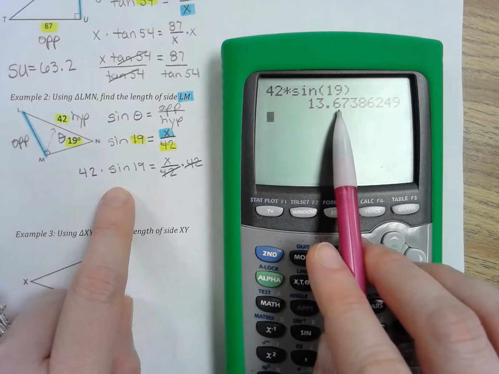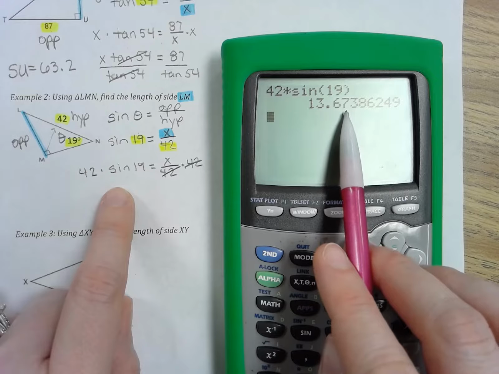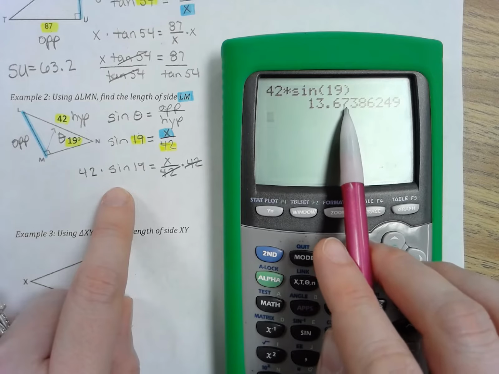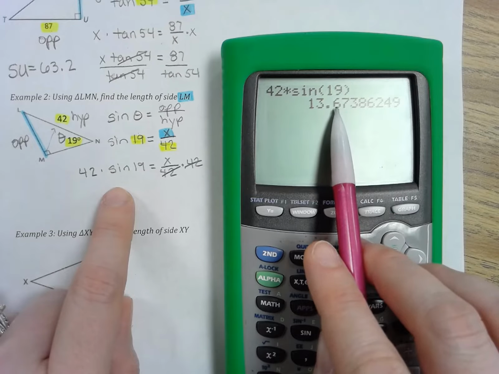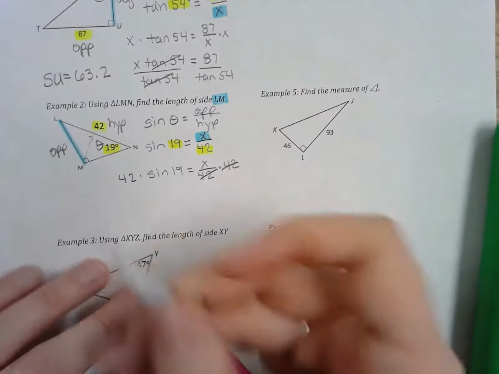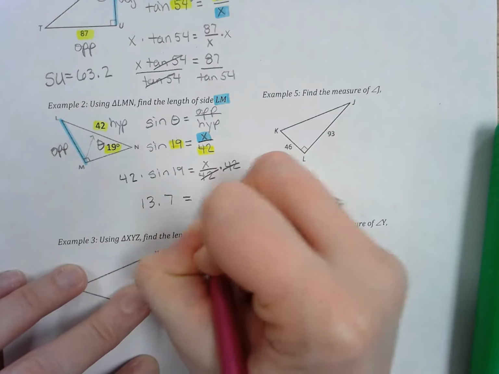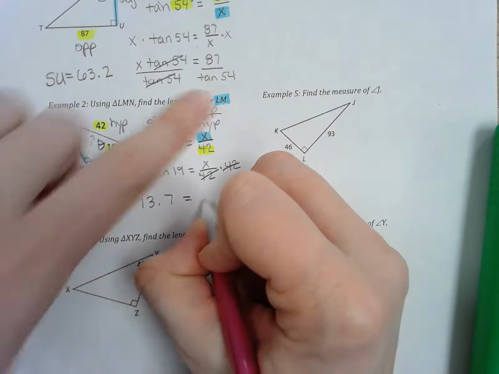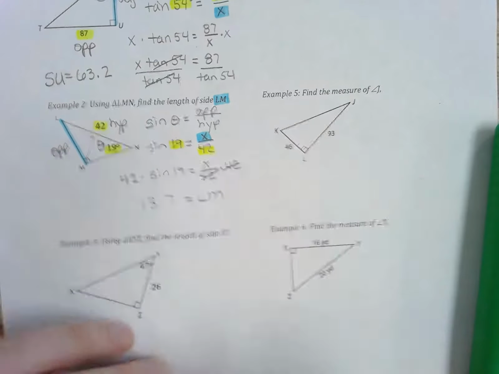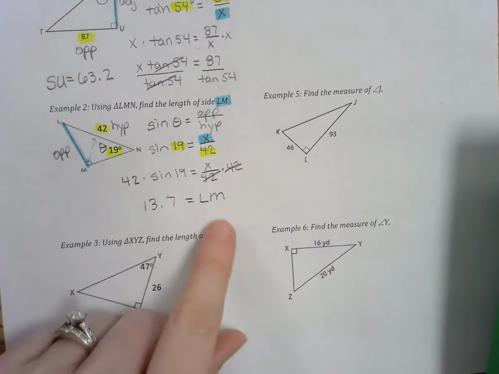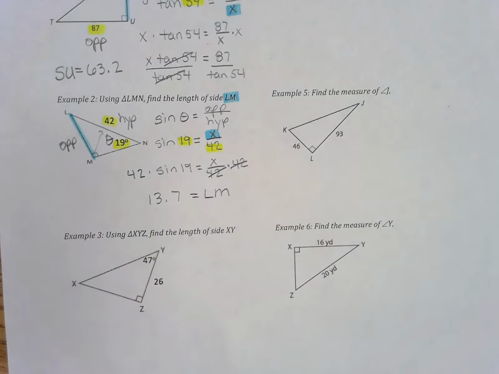If this is the tenths place, look behind that. This number is 5 or more, so to make that tenths place round up. So 13.7 for our x, or really here we were asked to find LM. Either way is fine. You can leave it as an x or write it as the side that you are finding.